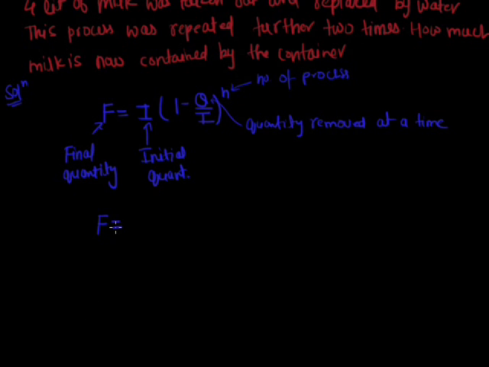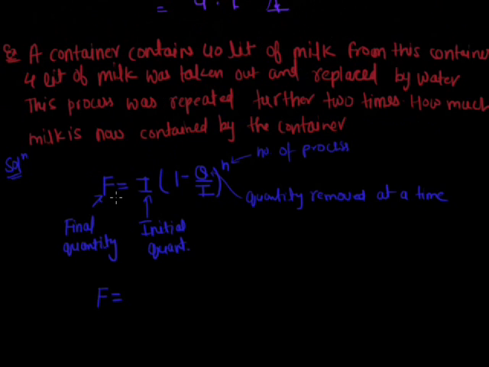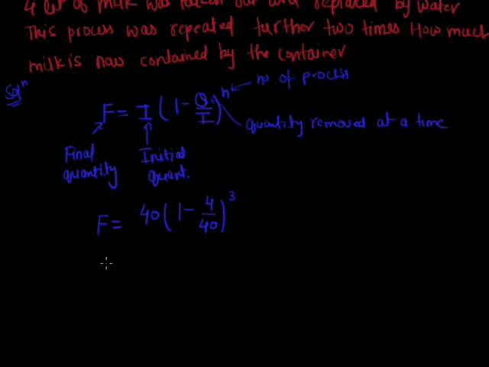Okay, if we solve this question, we have to find the final quantity. So F is equal to initial quantity, which is 40 liter, into 1 minus Q. How much quantity are we removing at a time? It is 4 liter, and again I is 40, and the process was repeated further 2 times, means total 3 times. So F is equal to 40 into (1 minus 1 by 10) to the power 3.